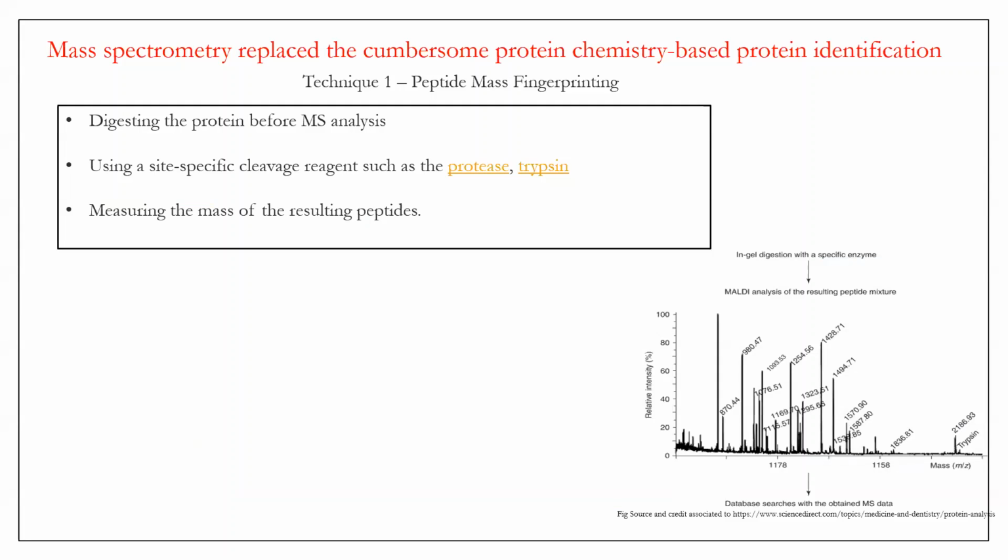In-gel digestion is done with specific enzymes, and normally we use a site-specific cleaving reagent like trypsin, and because of this sequence-specific proteolysis by the specific proteases, we will get different types of peptides. Okay, and these peptides are detected by our mass spectrometry.